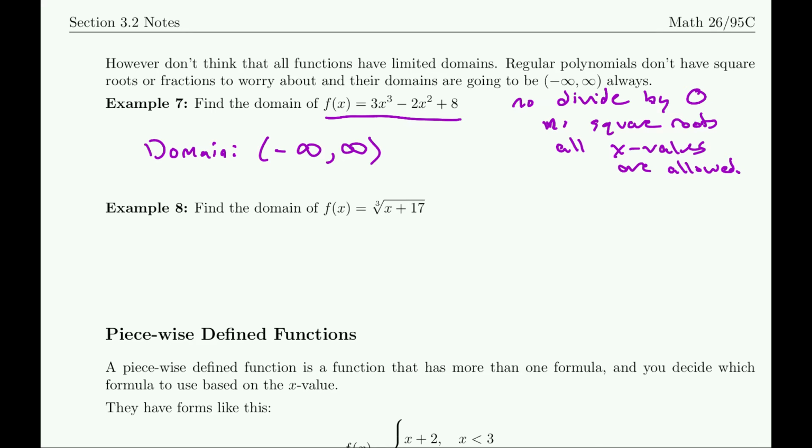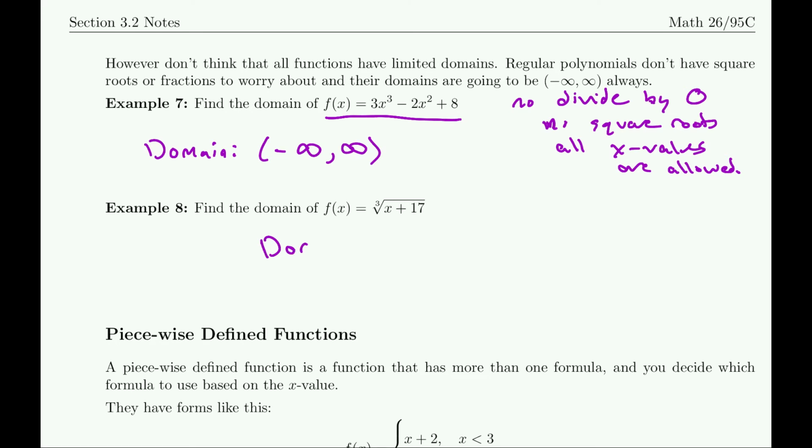Okay. And the same thing on this one. This one has a cube root, but we were talking about square roots a minute ago. We said you can't take the square root of a negative number. You can take the cube root of a negative number. So this also has no divide by zeros or square roots or anything bad. So there's nothing to limit the domain here either.